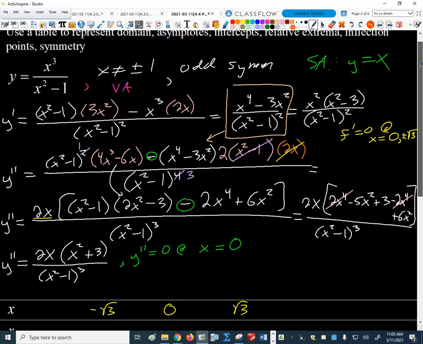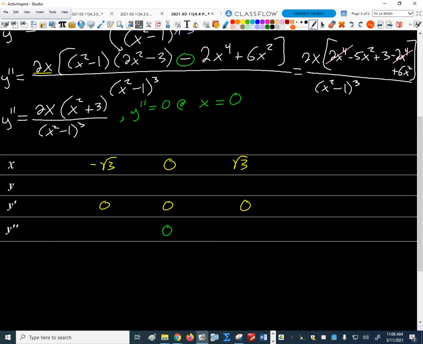We had asymptotes at plus or minus 1. The function was undefined there. We determined those were vertical asymptotes. And we had a slant asymptote at y equals x, okay? Our domain was everything except -1 and +1. So now what?